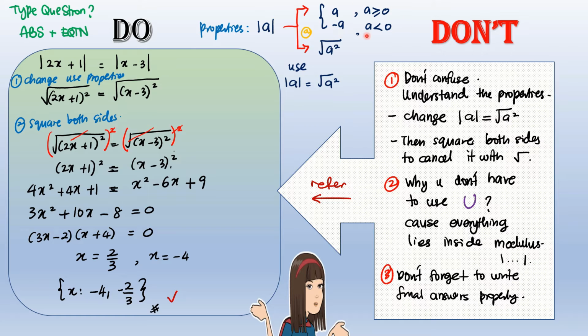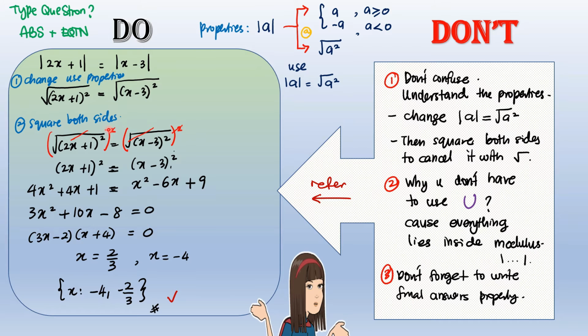Alright. Another property is modulus A is equal to square root of A squared. So here modulus will change into square root of squared, on both sides. So what we do is change the pattern by using the properties. And of course, when we have a root, we will use another square for us to cancel both of them.